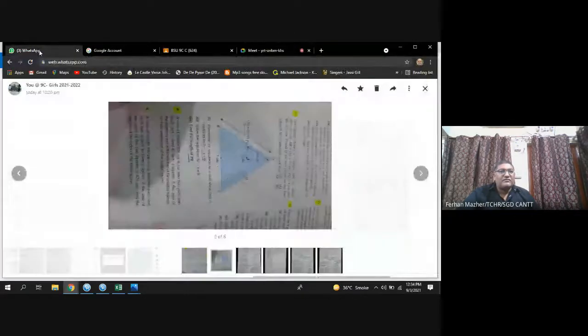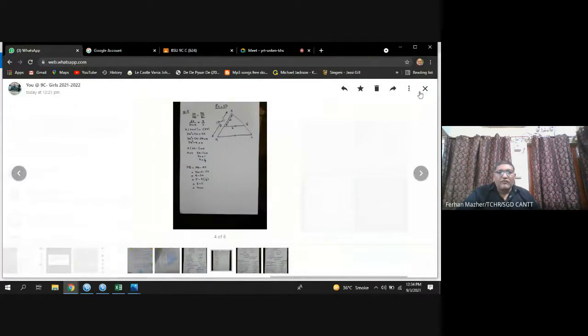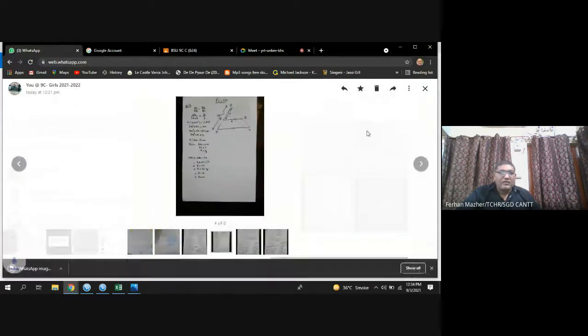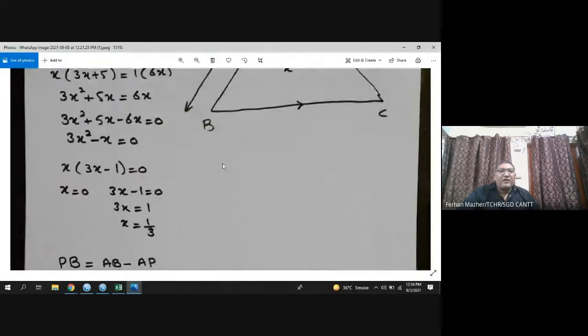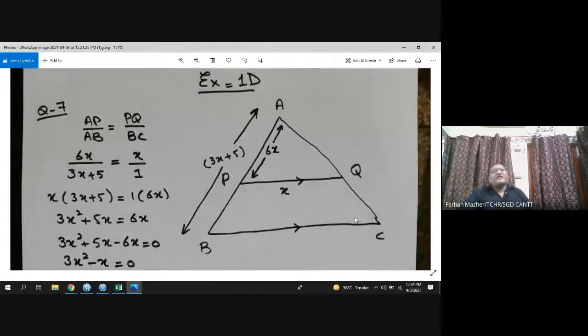So this is question number 7, exercise 1D. This book is D3, and the subject we are studying is Maths 4024.